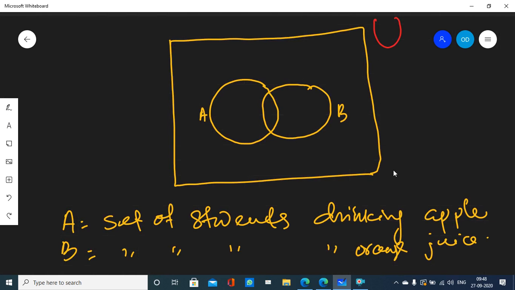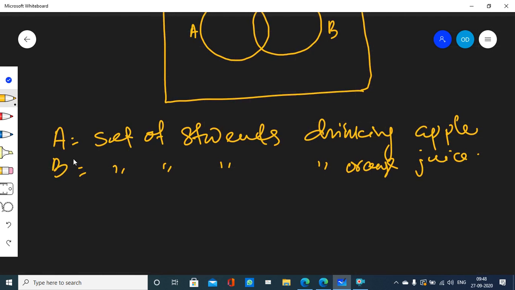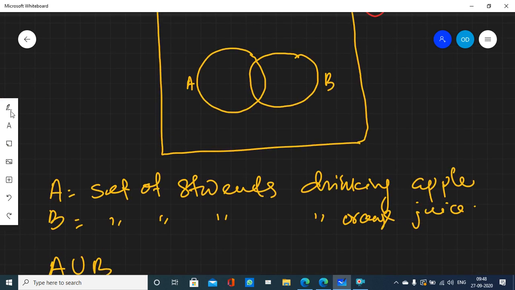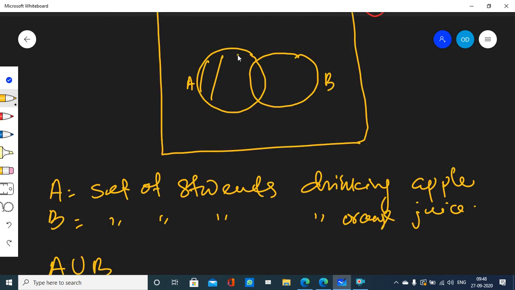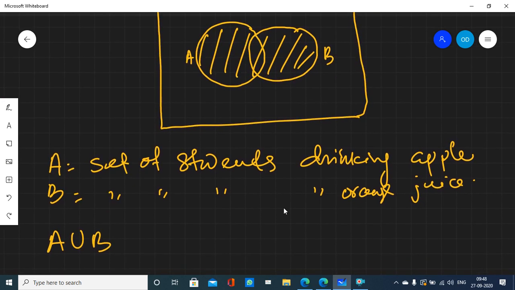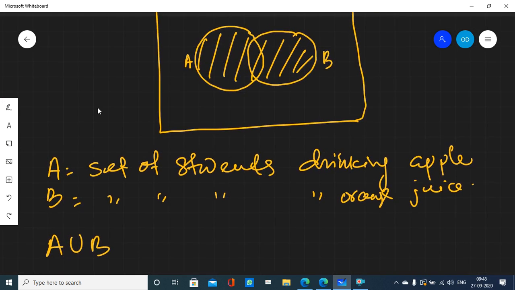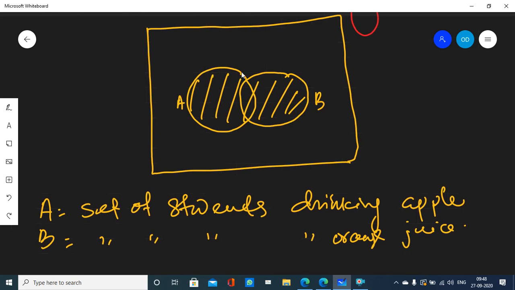Now you tell me, the set A union B. A union B means what? This set covers this entire A union B. This will carry all those elements, right? You see for yourself. A union B will carry all those elements who drink either apple juice or orange juice, right?